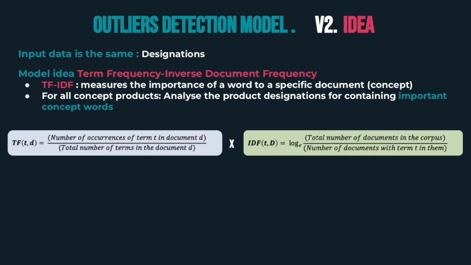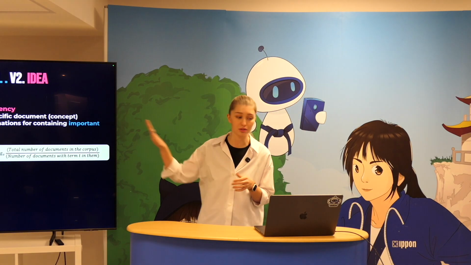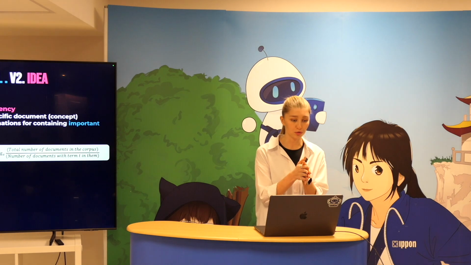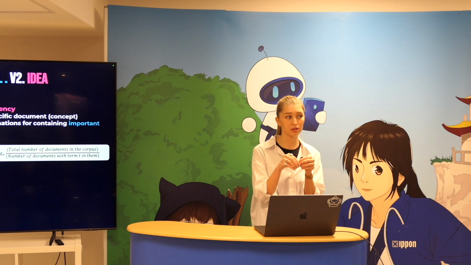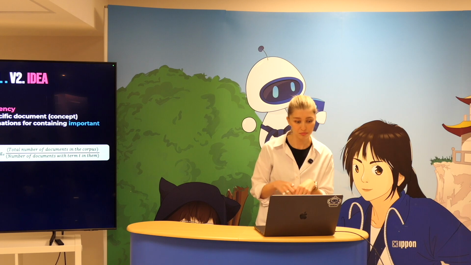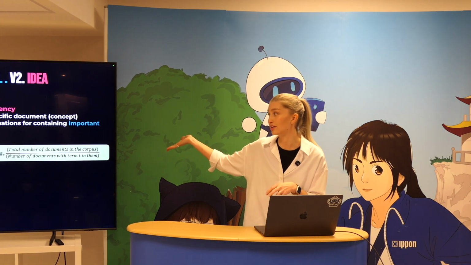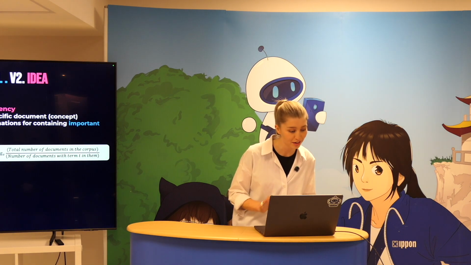So we measure the important words in a specific document. In our case, it's a concept. So for all concepts of products, we identify the most important words in this concept. Here is the formula if you want.